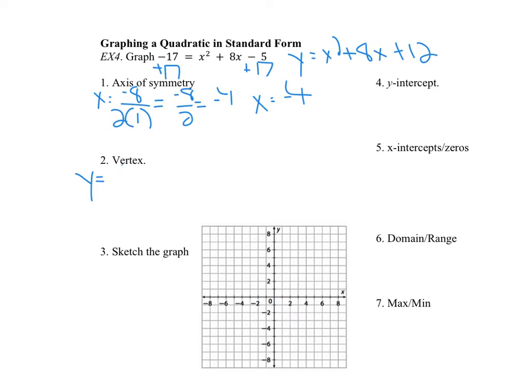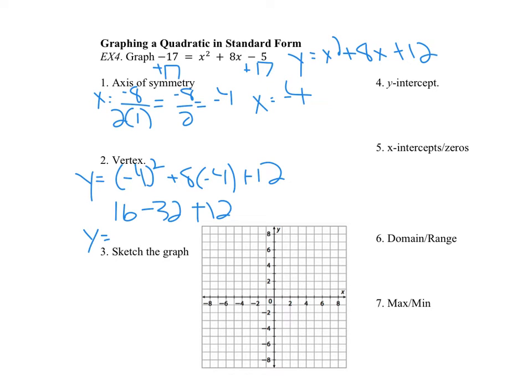We get y equals negative 4 squared plus 8 times negative 4 plus 12. So we get 16 minus 32 plus 12. And simplify that. And so y equals negative 4. So then our vertex is negative 4, negative 4.